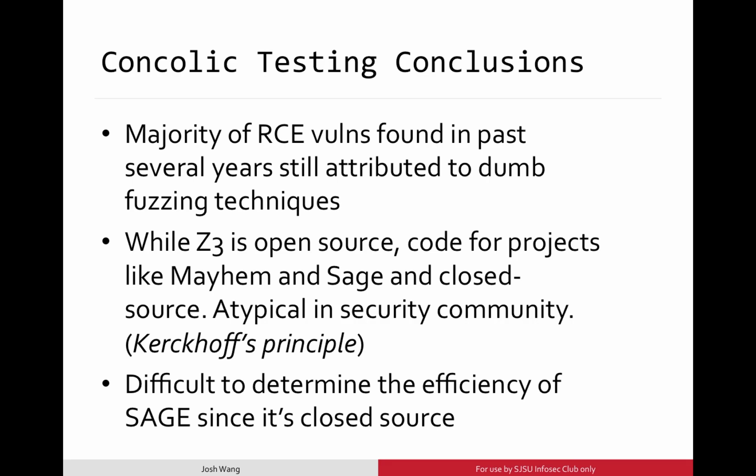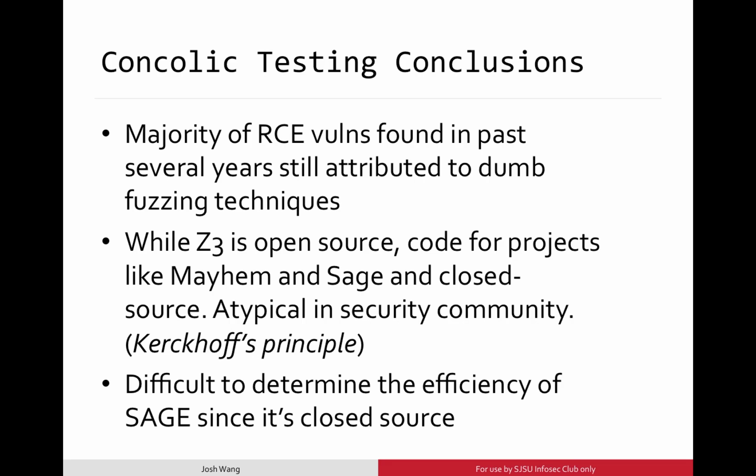So that ties in with Kerckhoffs's principle, which applies to encryption algorithms. So yeah, Sage and Mayhem are closed source, which is weird because that's not typical in the security community. It's difficult, because it's closed source, to find flaws in these frameworks and to improve these tools.